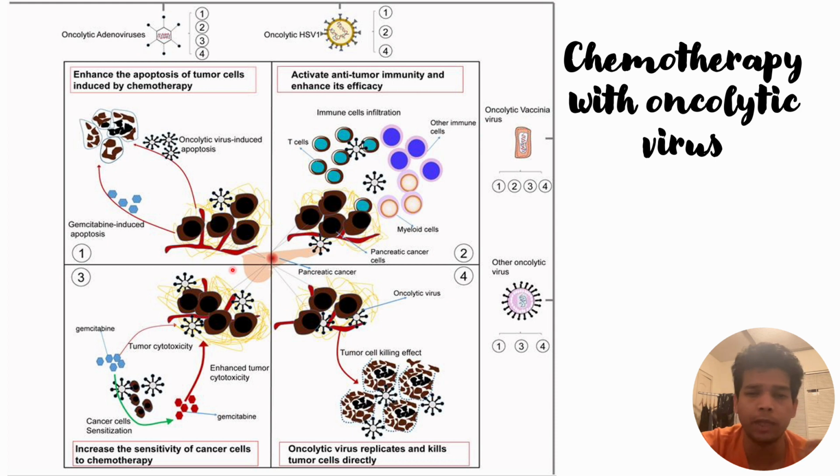The modified chemotherapy works on pancreatic cancer. The normal chemotherapy with the normal bacteria or virus will not be able to function as efficiently as chemotherapy with oncolytic virus can. So if you need to understand more about chemotherapy within pancreatic cancer, or chemotherapy to target pancreatic cancer, you can go through the reference provided in the description.